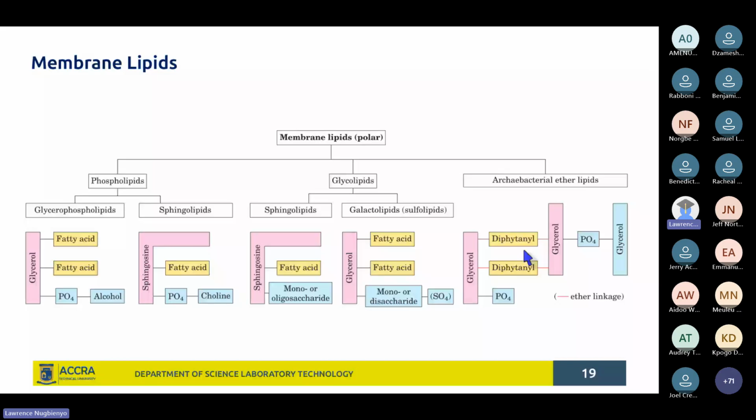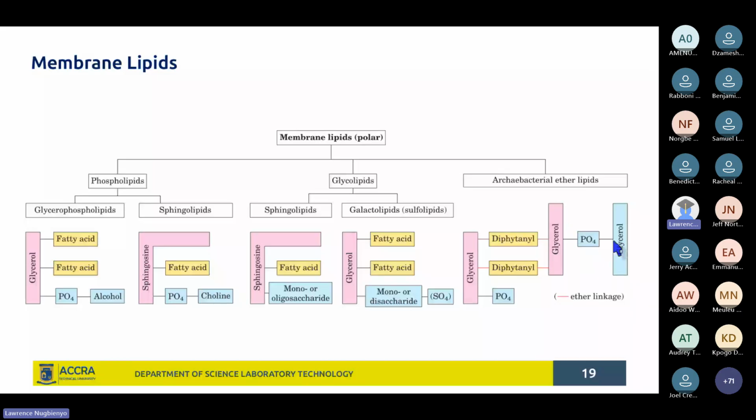You can see you have 3 glycerol backbones. And between them, you have even more complex fatty acids, branched hydrocarbons, diphytanyl, and you have a phosphate group binding the second glycerol and that last glycerol backbone together.